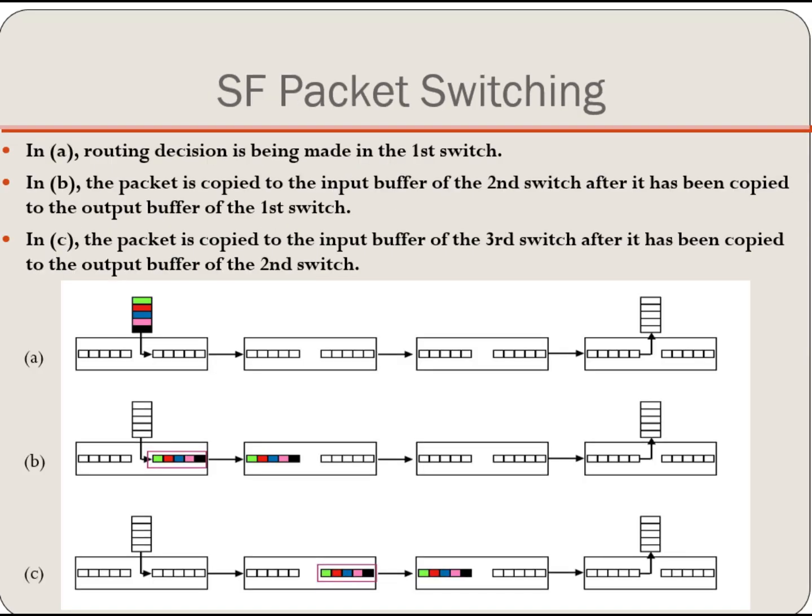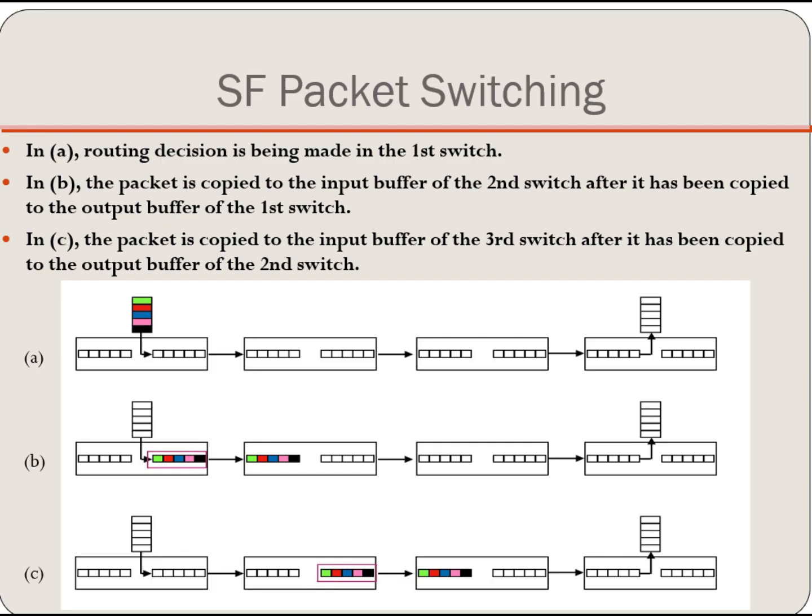Conceptually, it is something like this. For example, this is the message, a packet, and these are flits. Different colors mean different flits. The first one is usually the header flit. So for the routing decision, when the packet comes in, the first switch will decide which output link should be used to forward this packet.